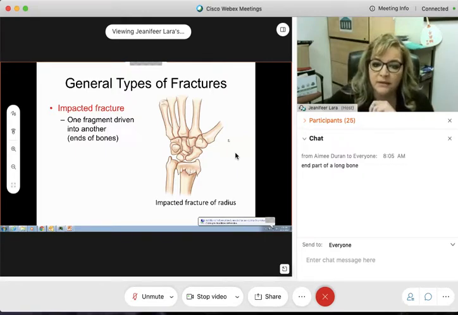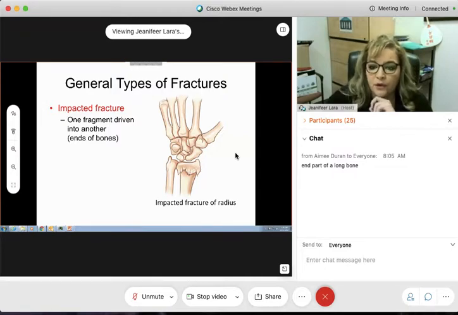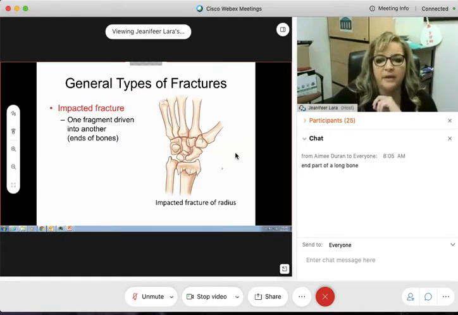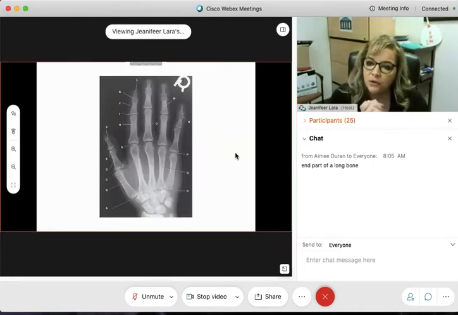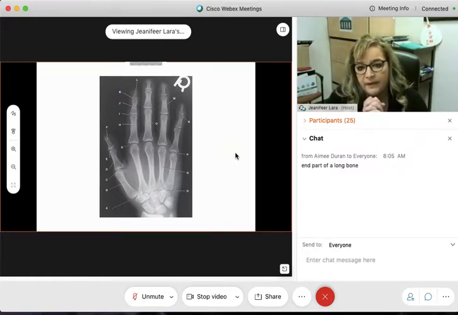Okay, Amy said it. It is the large end of the bone. So the shaft is pretty narrow. The epiphysis is where all the magic happens. So we want to make sure that we are ready for something like this. You were given anatomy on your slides that I provided for you.